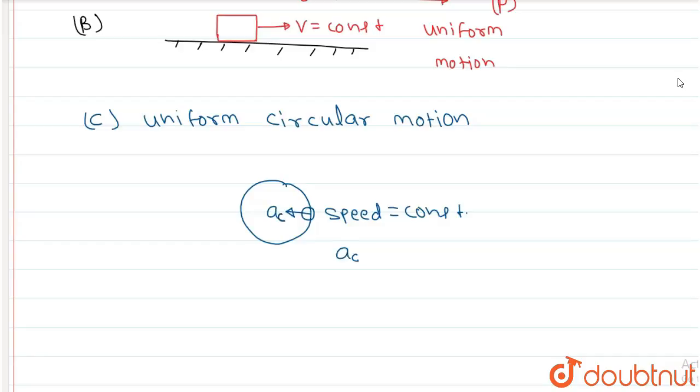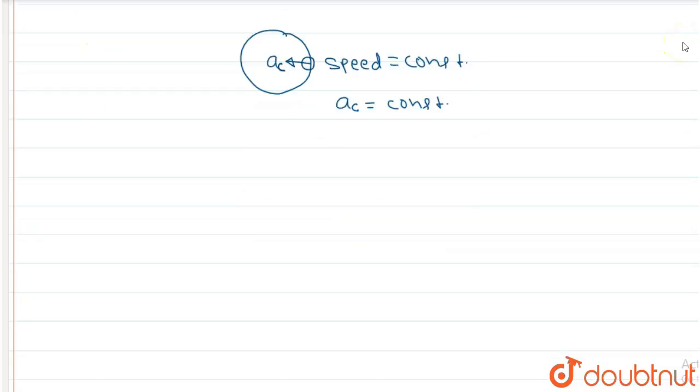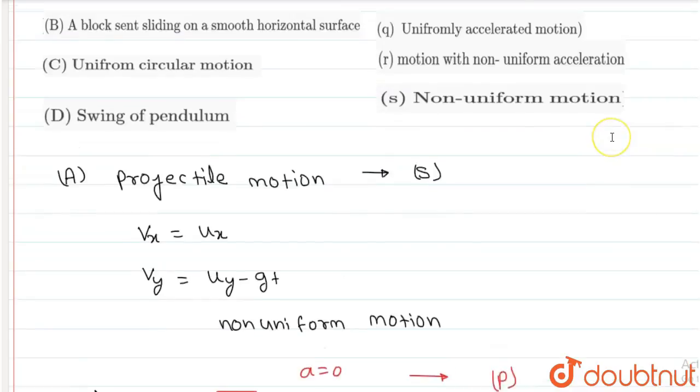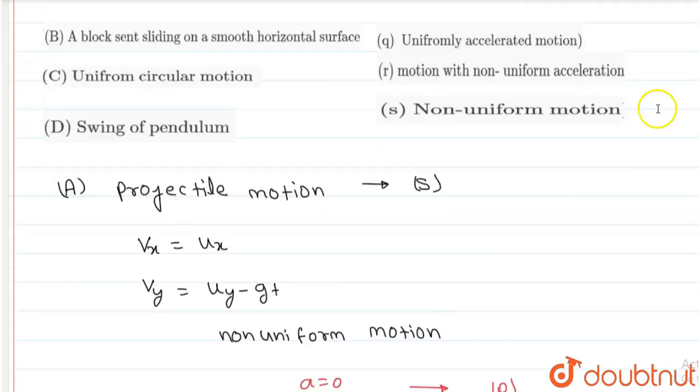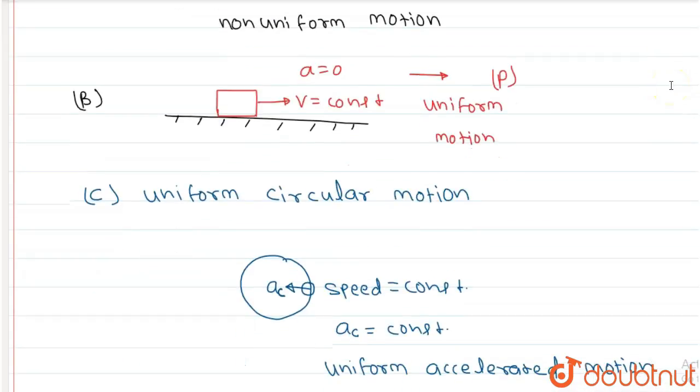So, centripetal acceleration is constant. So, it is a uniform accelerated motion. Hence, option C is matched with option Q.